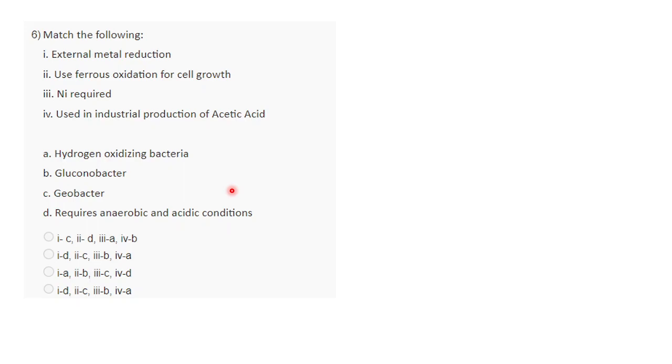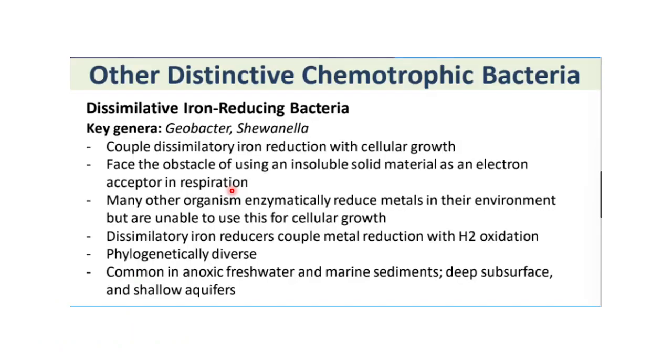Option A. 1C, 2D, 3A. Okay. You're correct. But why? I'll explain. External metal reduction is geobacter. Geobacter is an iron reducing bacteria, and this is another slide that I've taken from the lecture videos.